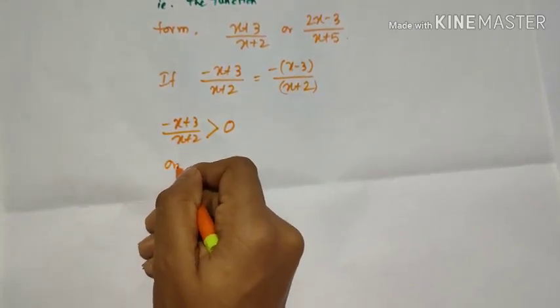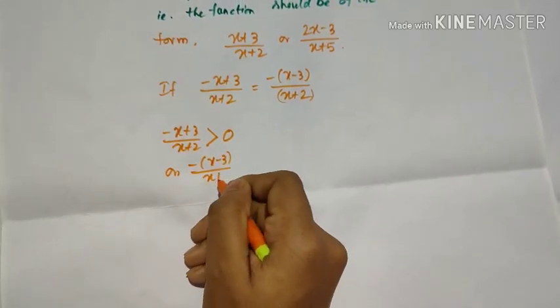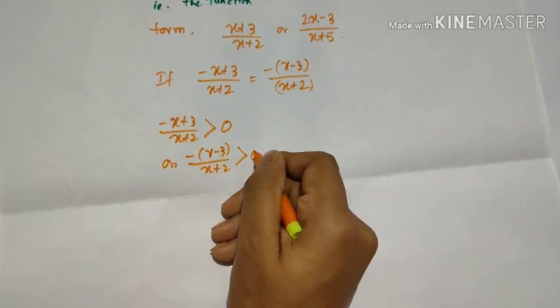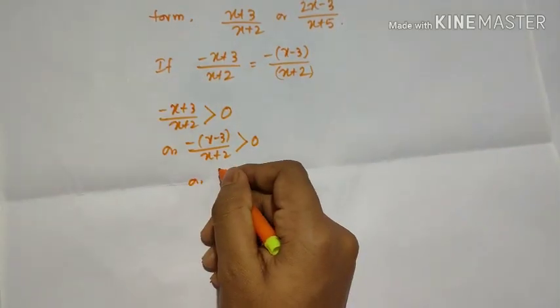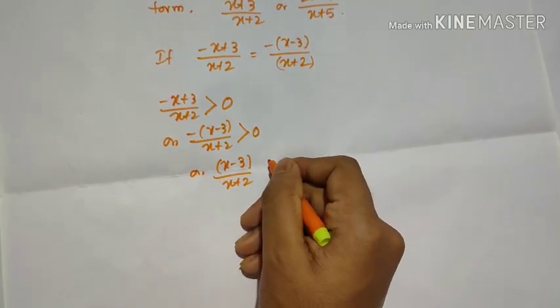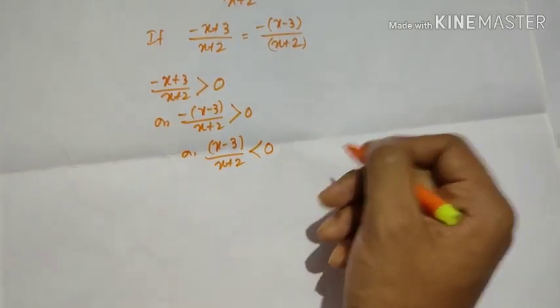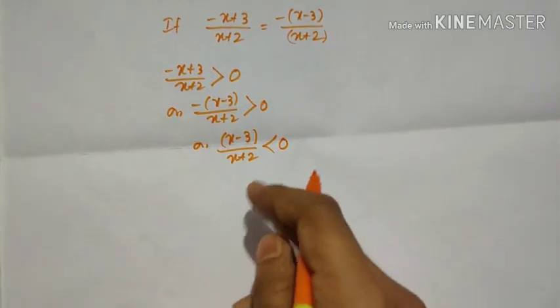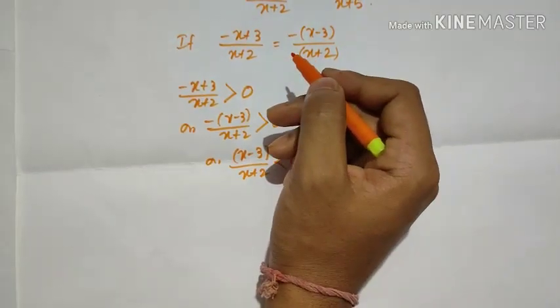Then we have to convert it so that the negative sign is replaced, and as a result the inequality sign is changed. So we have to convert in this form if such types of problem are given.